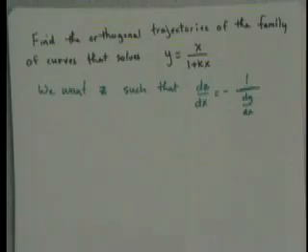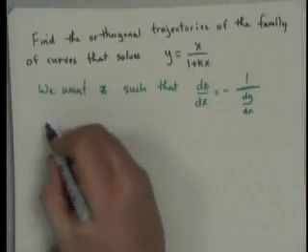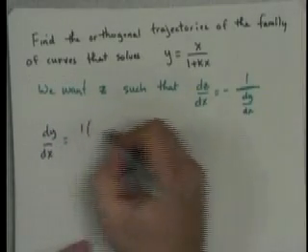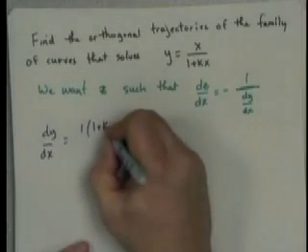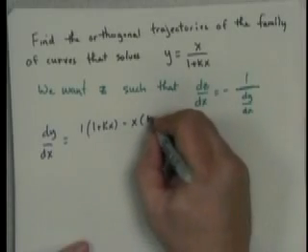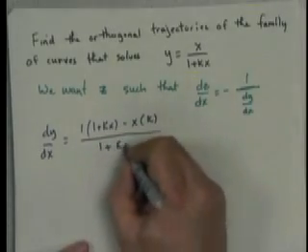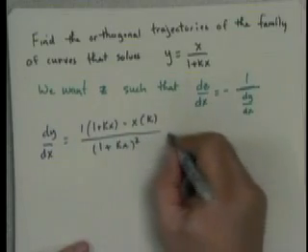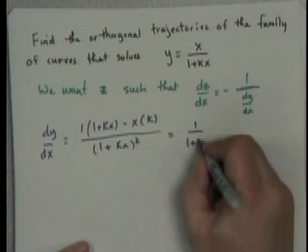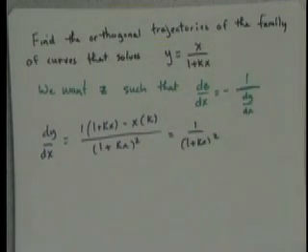So first of all, I have to find dy dx. Again, I have this little quotient thing here. dy dx is the top, which is just 1, times the bottom, minus the top times the derivative of the bottom, all over the bottom squared. So I get 1 over 1 plus kx squared.